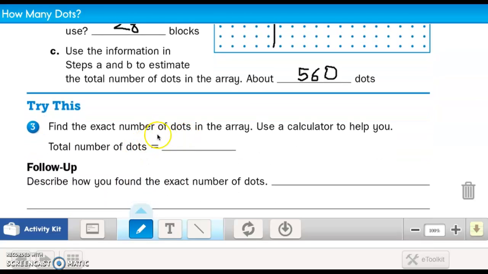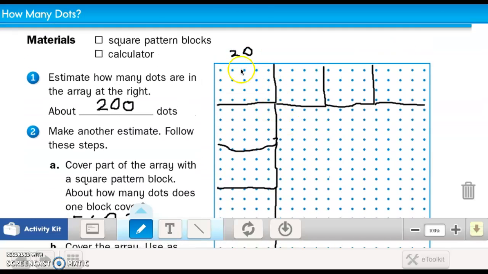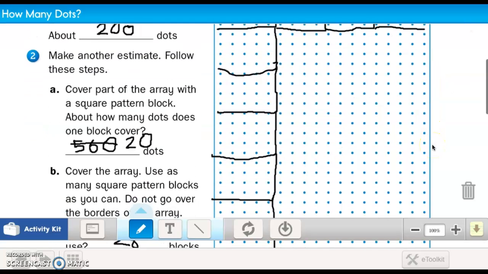Now, we got to figure out, actually, I already did this, how you can figure out the right answer, instead of sitting there and counting all of it. You can count how many dots on this side, 1, 2, 3, 4, 5, 6, 7, 8, 9, 10, 11, 12, 13, 14, 15, 16, 17, 18. So there's actually 18 at the top, and then counting down all these dots, I already did that.